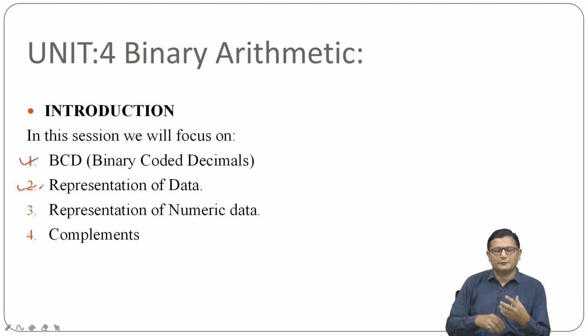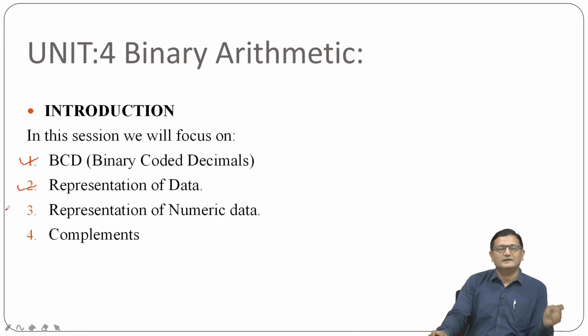Suppose you are storing your name or your university's name or your study center's name, then how does that data get stored into the random access memory, because we know that random access memory can store the data only in the form of binary. Up to here we have discussed how we can convert a given number into binary, but how do alphabets get translated into binary? So we are just coming to this point.